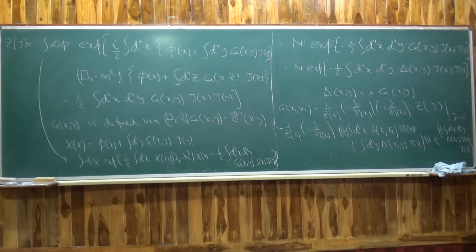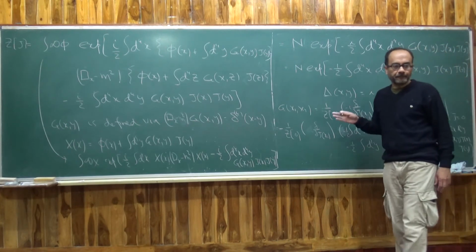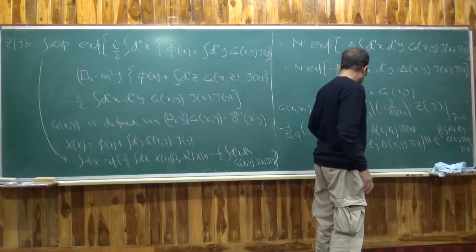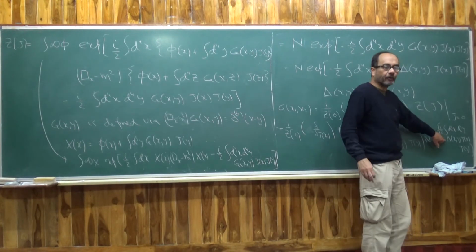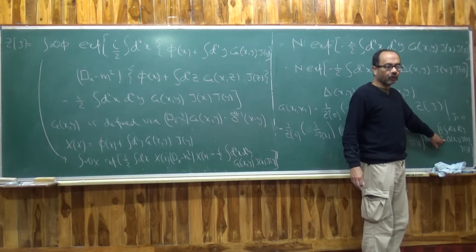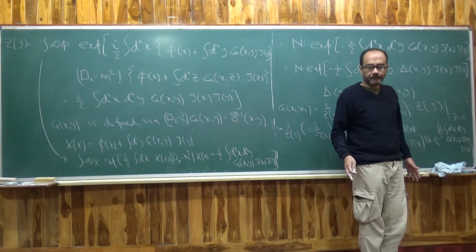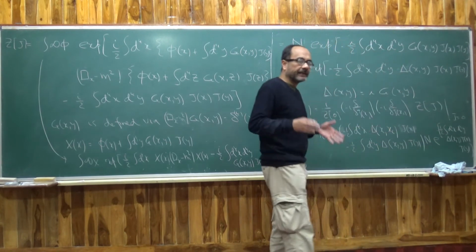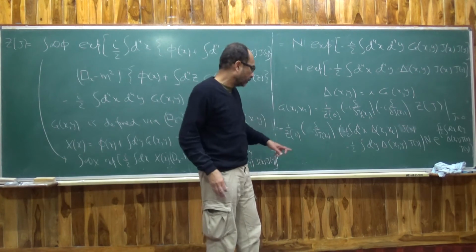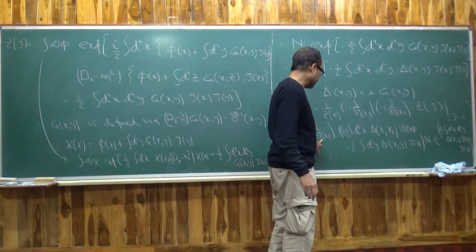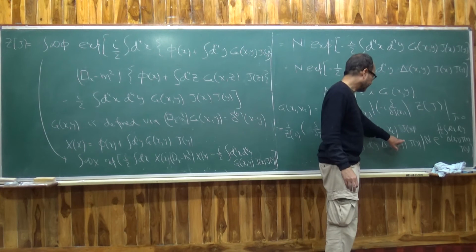You can either apply on this, or you can apply on this. But after that, you have to set j equal to 0. If you apply the derivative on this, you will get some more factors of j, but those will vanish when you set j equal to 0. So if you want a non-vanishing answer at the end, the only choice is that delta delta j of x1 has to apply on these j's.